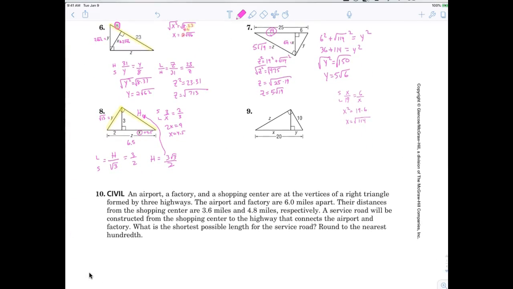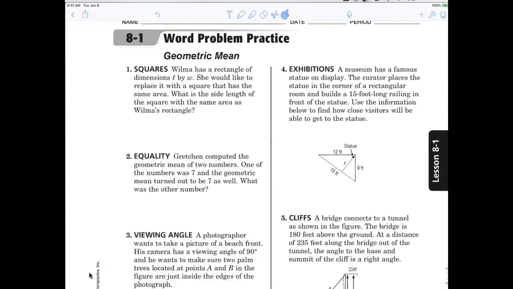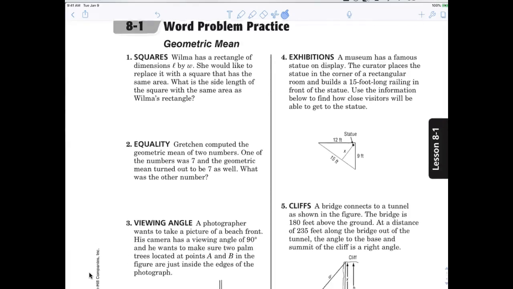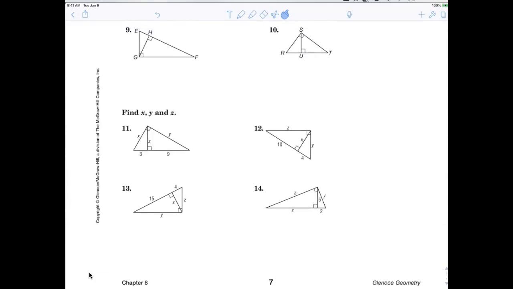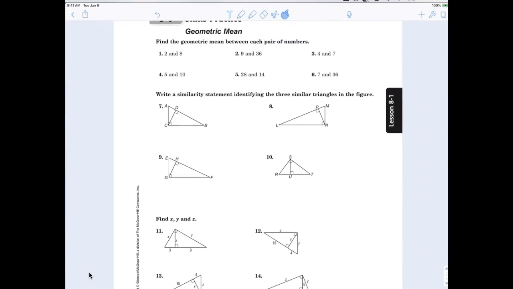Everything is proportional. All right, so you guys, here is your assignment, small little assignment. Now look, I had some word problems down here, but you guys have been so good, we're just doing this. All we're doing is this page right here. What time do we get out? 10:45. So we have 15 minutes.